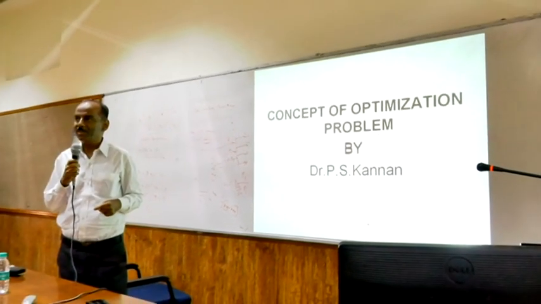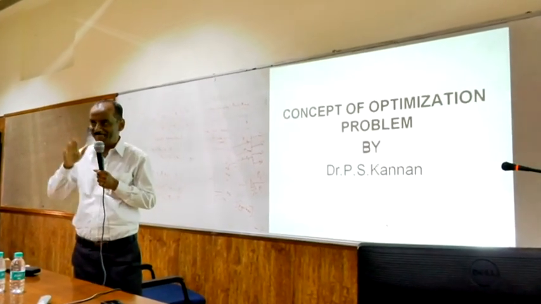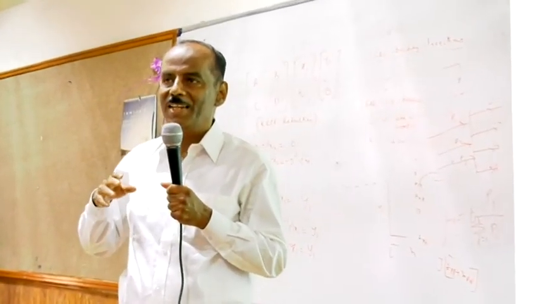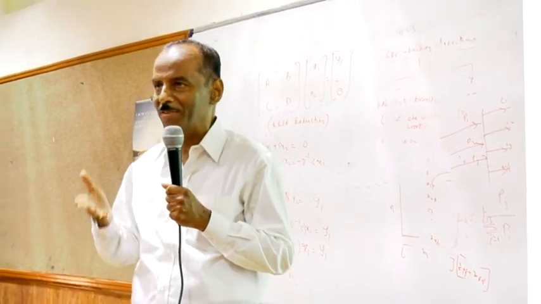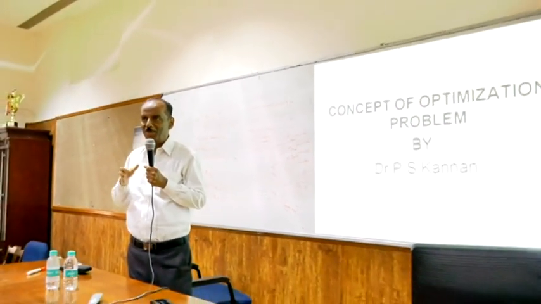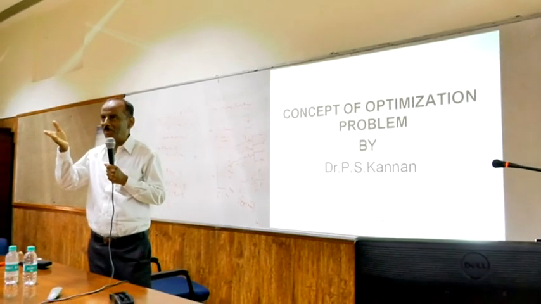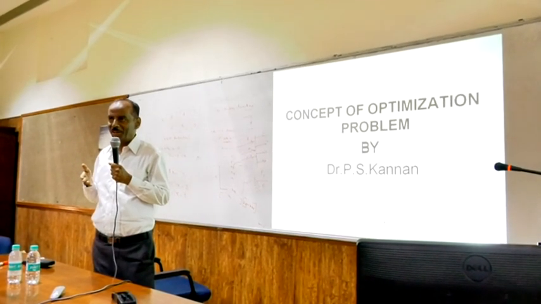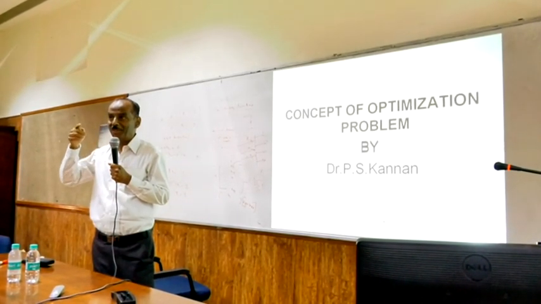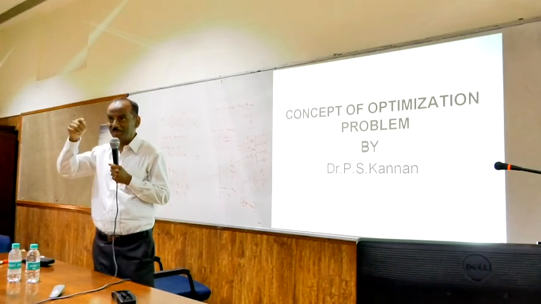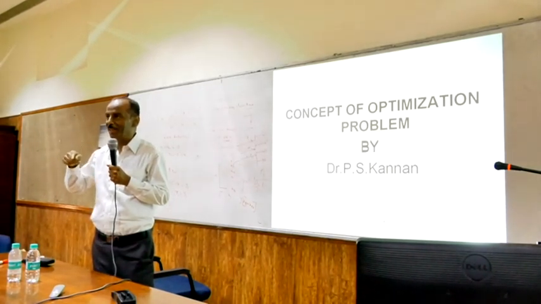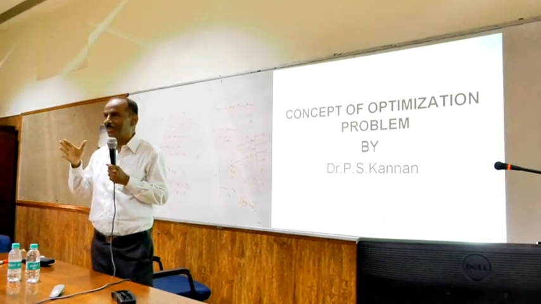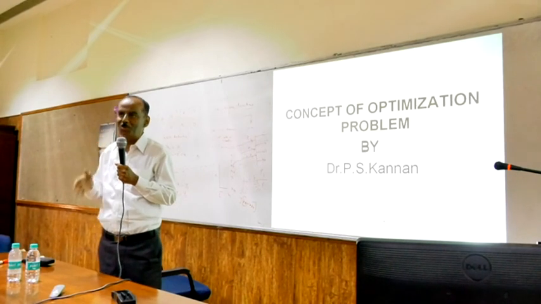Concept of optimization. See, the problem of optimization, everybody is doing it. Tomorrow morning itself, you are doing it. We are trying to achieve our target. There are so many constraints, right? So our mind is doing it. Something is fuzzy, everything is fuzzy logic, and uncertainty is there. How are you going to do that? These optimizations are normally done by everybody in day-to-day life.